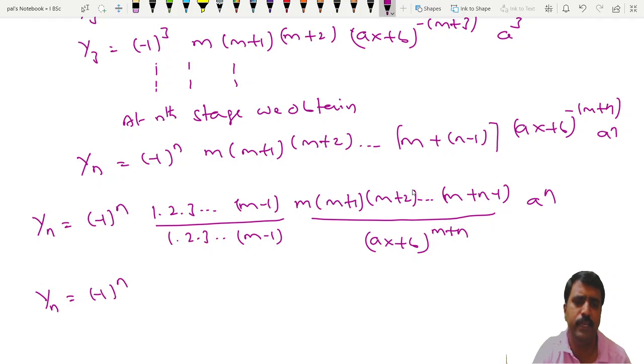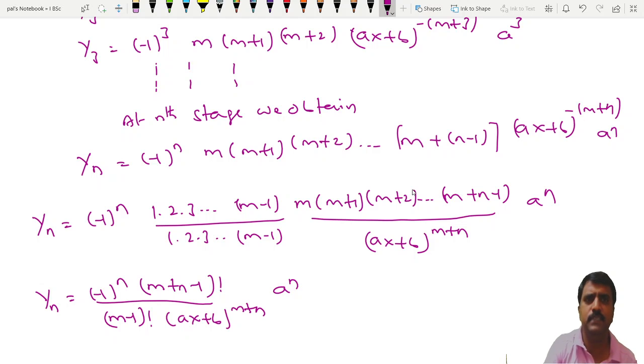So you can write that as m plus n minus 1 factorial, divided by, in denominator 1, 2, 3 up to m minus 1, so you can write it as m minus 1 factorial. And remaining here in denominator is ax plus b to the power m plus n into a to the power n. So this is the nth differentiation of 1 by ax plus b to the power m.